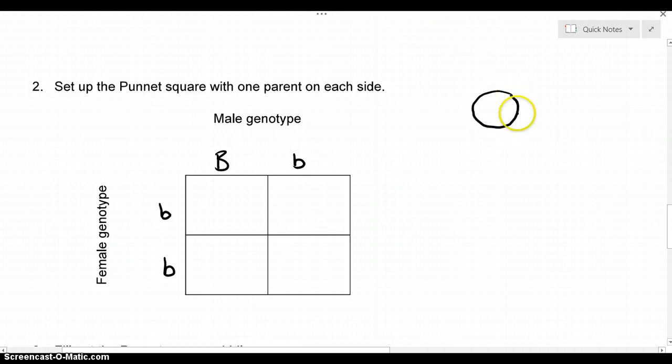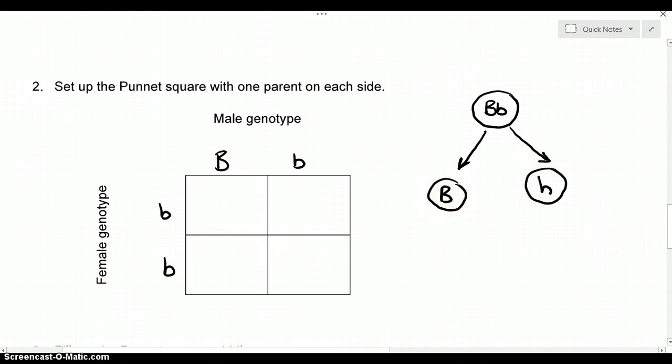If we look at the cells from which the reproductive cells are formed, upon meiosis, that cell divides and it produces two reproductive cells. And the alleles split and then appear in each of those reproductive cells.